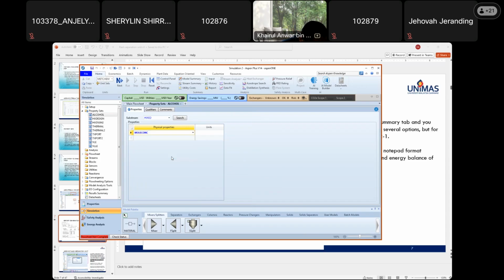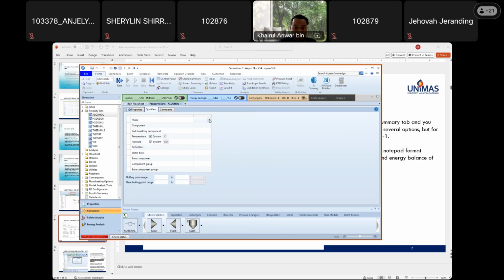Unit is mole per liter. For the qualifier, it's liquid C10H octanol. Okay, I think that's all.